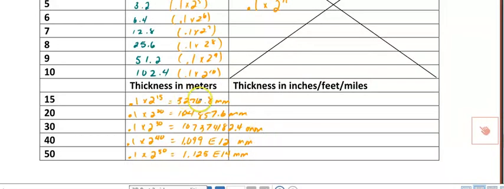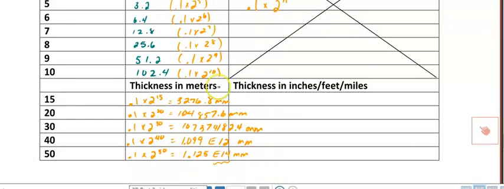We get 3276.8 millimeters for 15 folds, all the way up to 50 folds, which is 1.125 e to the 14 millimeters. Remember, this is scientific notation. E to the 14 means you would take the decimal point in 1.125 and move it 14 places to the right. It's a pretty large number, but these are all in millimeters.